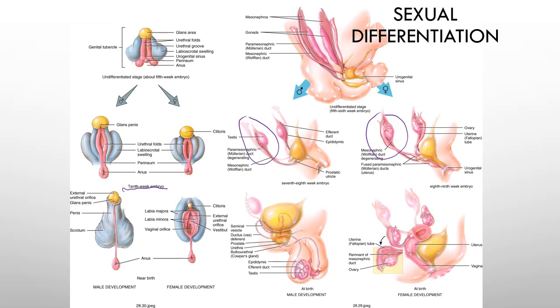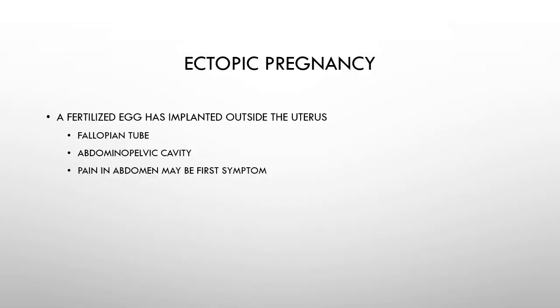And as they start to differentiate, they're either going to become degenerated or they're going to be functional, depending upon the types that we have, for either the vas deferens, the ductus deferens, or becoming things like the round ligament and so on. And so the differentiation goes on inside as well.